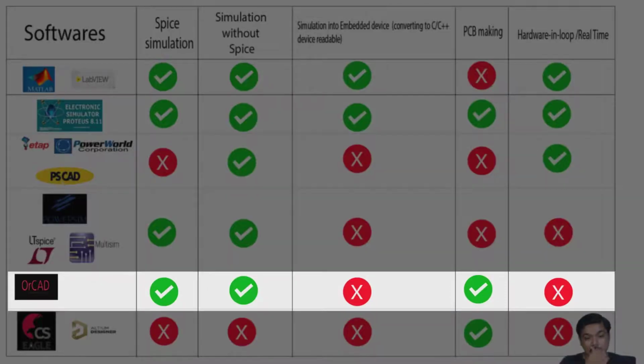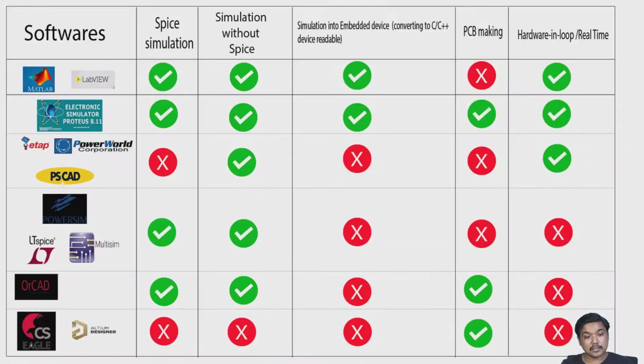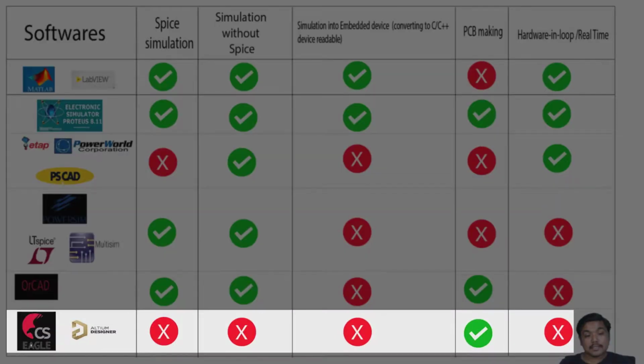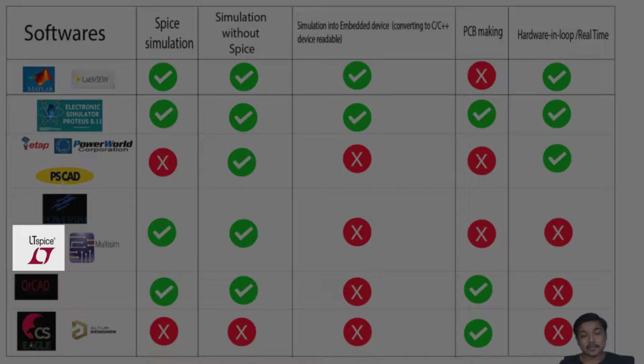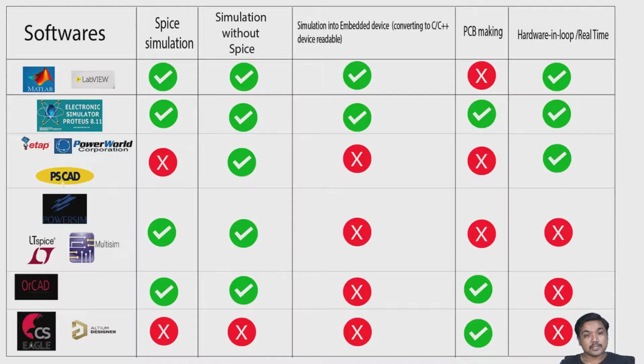ORCAD is for PSPICE programming, and it is useful in PCB making too. The last two softwares are Eagle and Altium. These two support PCB making, and Eagle is freeware. Similarly, LT-SPICE is freeware, and all the other softwares have student versions and demo versions which you can make use of.